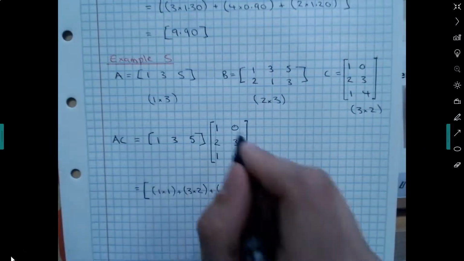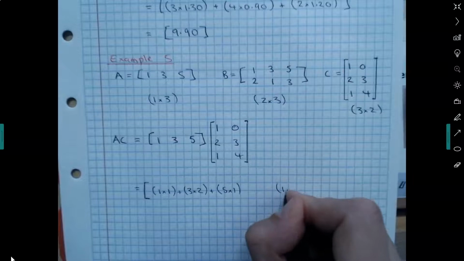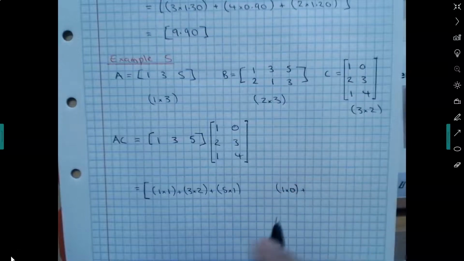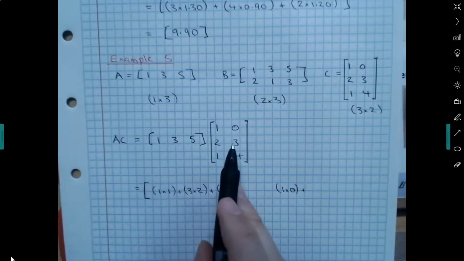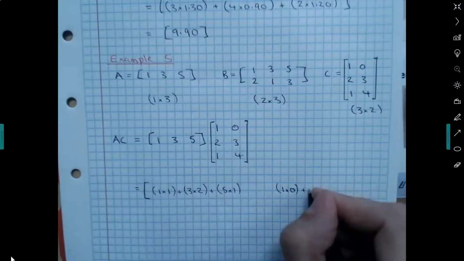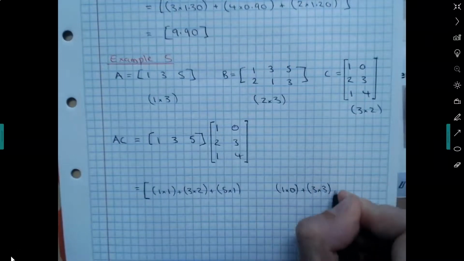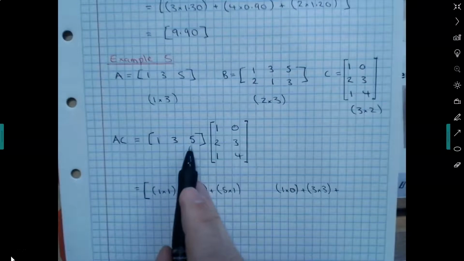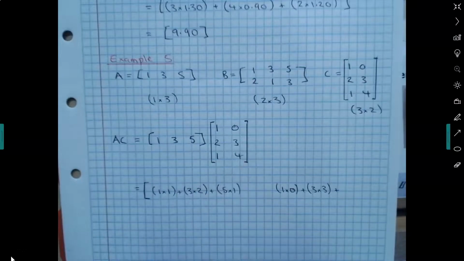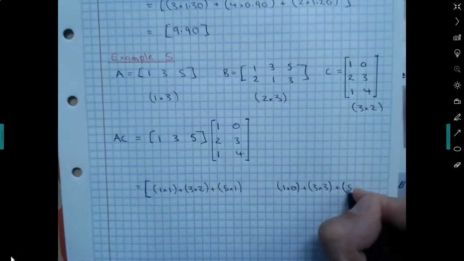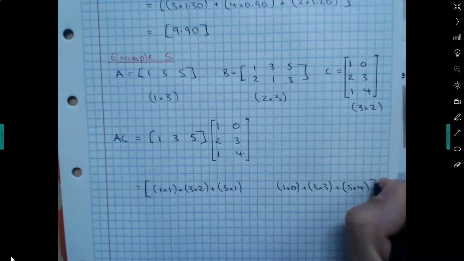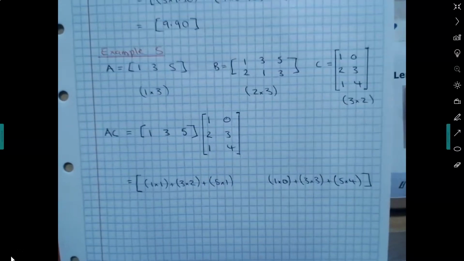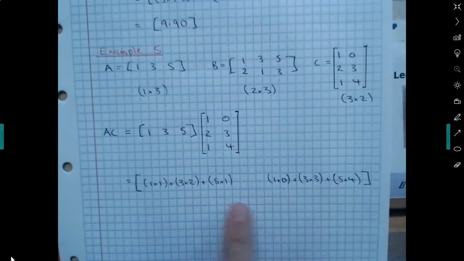So can you see that I've got those two separate components? So that is going to be a 1 by 2 matrix.